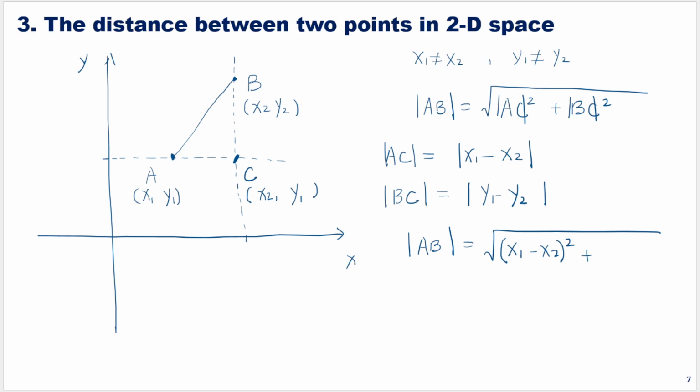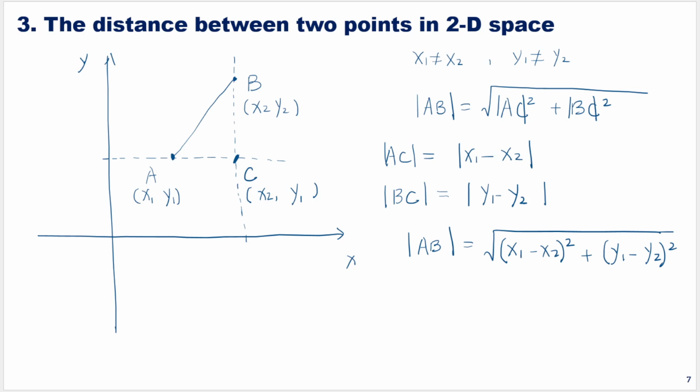Plus, same method, y1 minus y2 squared. Did you get it? So that's the distance between A and B, which is the square root of the sum of the difference of x coordinates squared plus the difference of y coordinates squared.